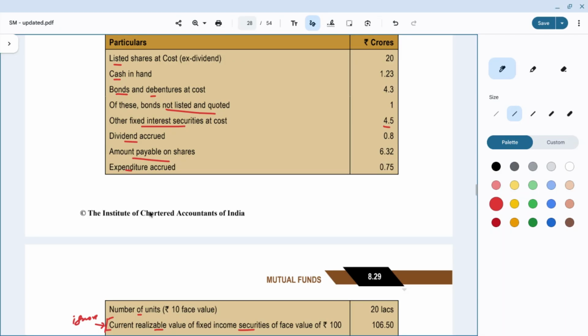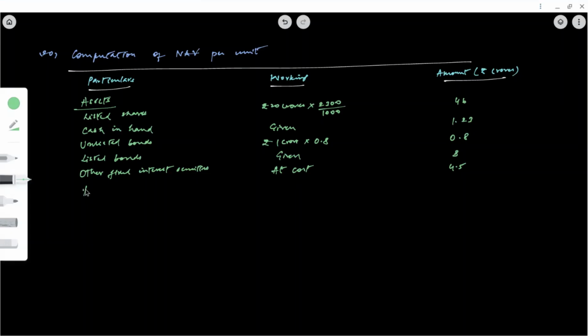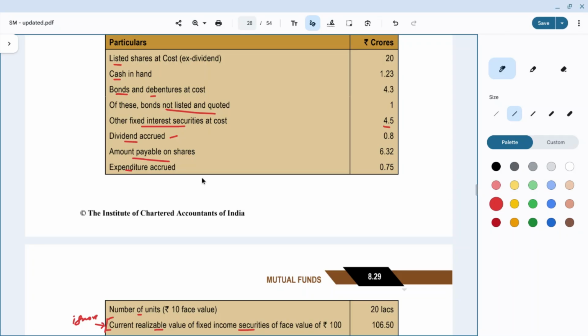Next, dividend accrued, 0.8. Had it been dividend payable, we would have understood it to be the dividend distributions made by the mutual fund to the unit holders.